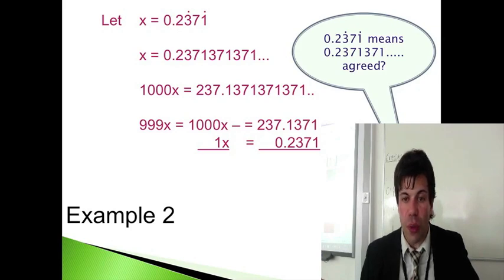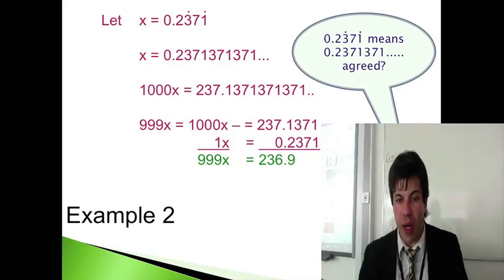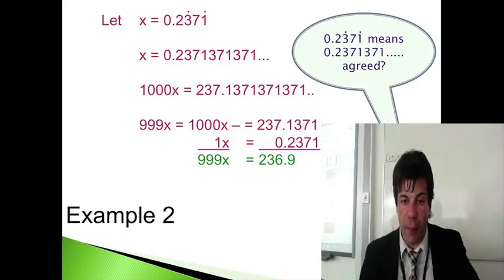1 take away 2 is awkward. Of course, we need to exchange from the 7 to borrow across to make the 1 an 11. 11 take away 2 is 9. The decimal points are in alignment. The 7 became 6. 6 take away nothing is 6. 3 take away nothing is 3.